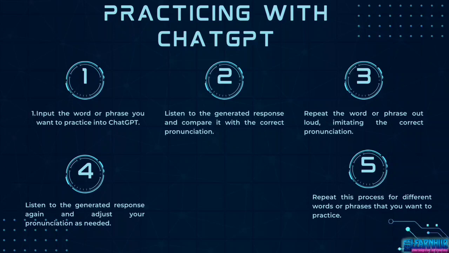To do this, you can try asking questions such as, what is the significance of this cultural event or holiday? What are the customs and traditions associated with this event or holiday? How do people typically celebrate this event or holiday?